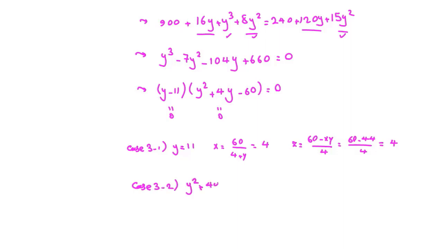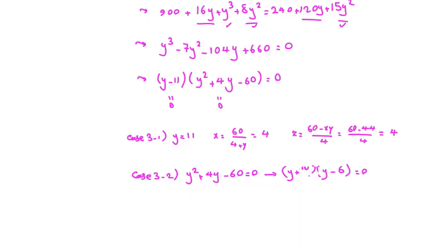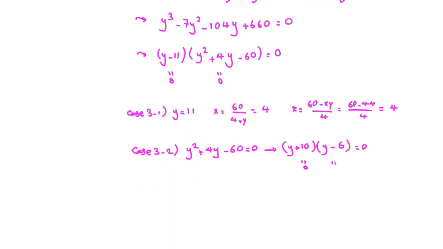Case 3, 2. Y squared plus 4y minus 60 equal to 0. So we can factorize. Product is minus 60, sum is 4. So the factors are plus 10 and minus 6. So either this is 0 or this one is 0.